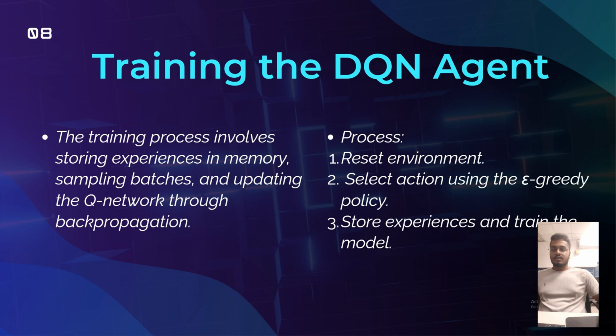The network's weights were refined with backpropagation and gradient descent, minimizing a loss function that captured the difference between predicted Q value and target Q value obtained from the target network. To ensure training stability, the target network was updated at regular intervals.